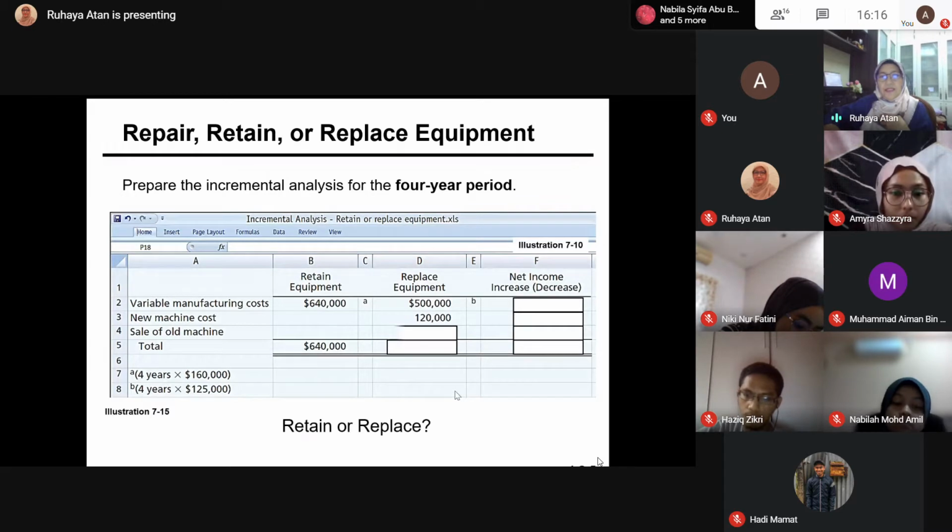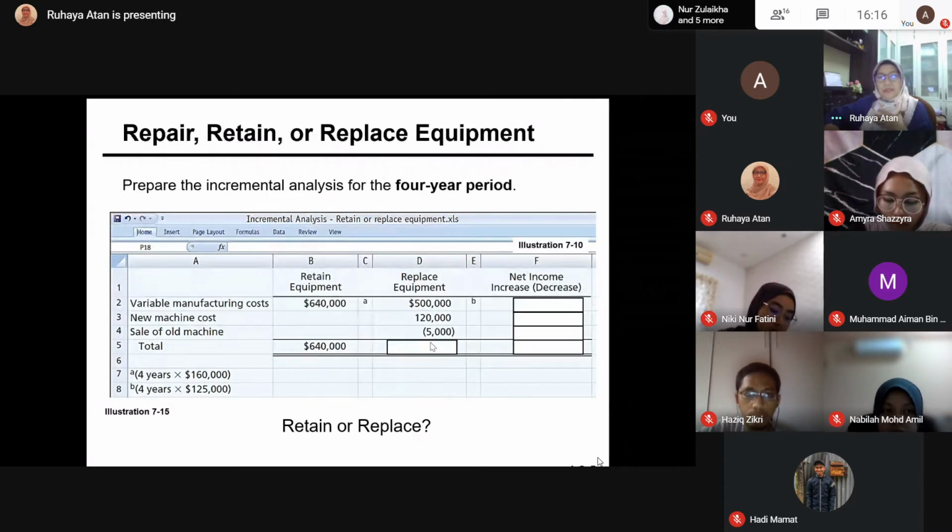And then you can knock off some of these costs from the sale of the old machine. So sell this old machine, you get 5,000, but you have to pay for it, and you also save some variable cost of 140,000. So let's see what's going to be the net.